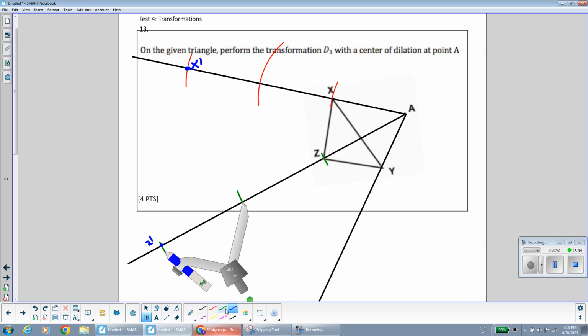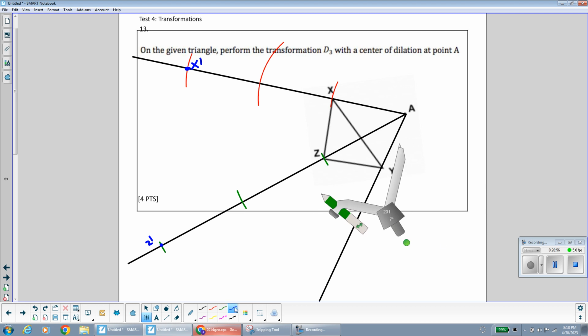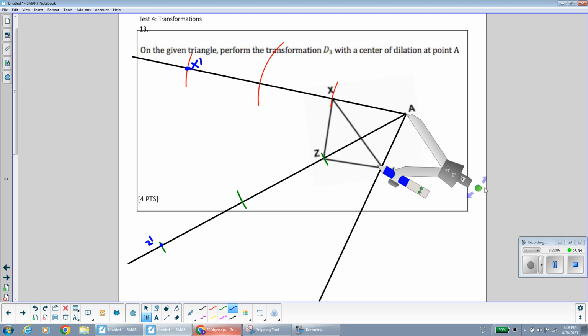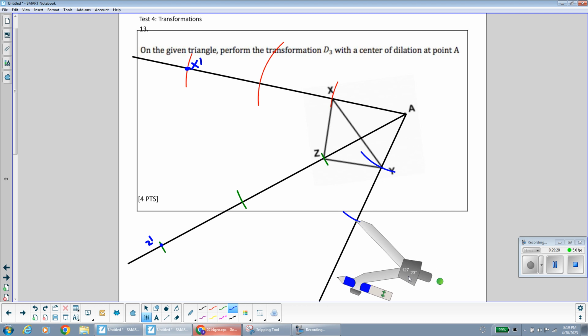And then finally, let me get a different color. I'm going to go over to the center of dilation once again, and I'm going to measure the distance that point Y is from it. Okay, that's accurate enough. There we go. Now I'm going to double that distance, and then I'm going to triple it.